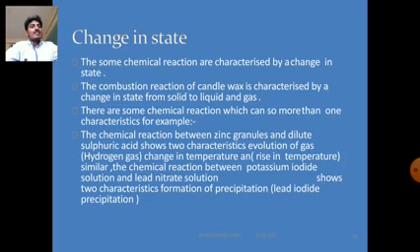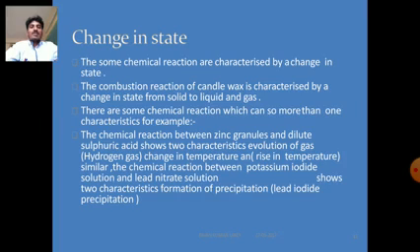The change in state. Some chemical reactions are characterized by a change in state. The combustion reaction of candle wax is characterized by a change in state from solid to liquid and gas. There are some chemical reactions which can show more than one characteristic.